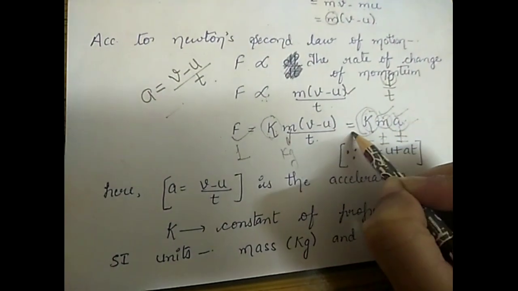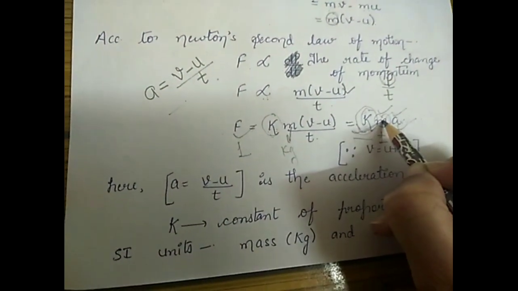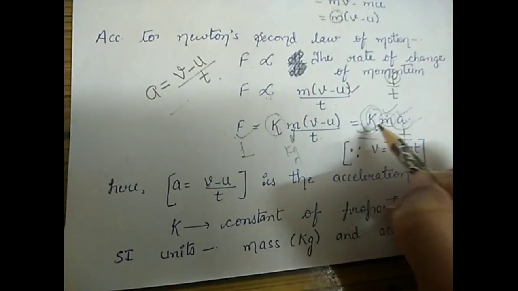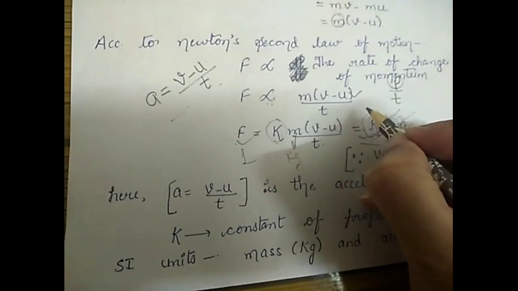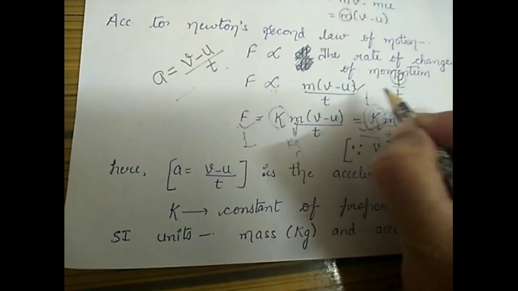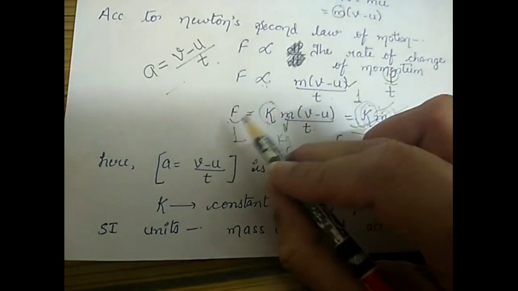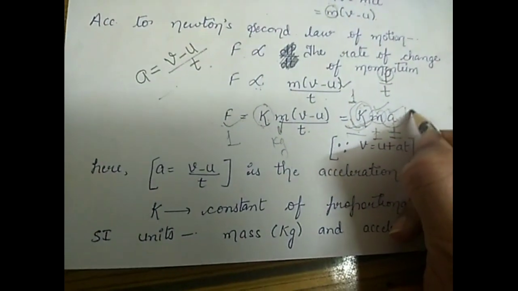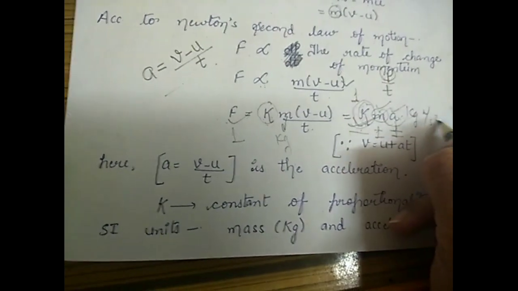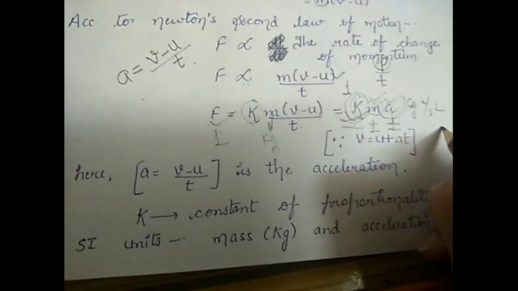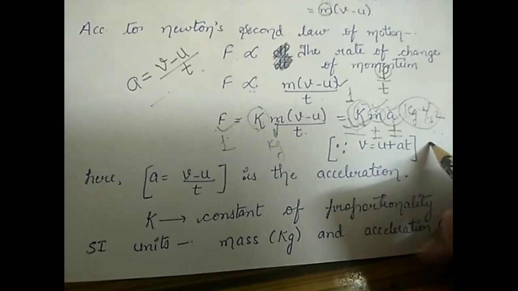So the value of k will be 1. If the value of k is 1, then the unit of force will be kilogram meter per second square, and this is Newton.